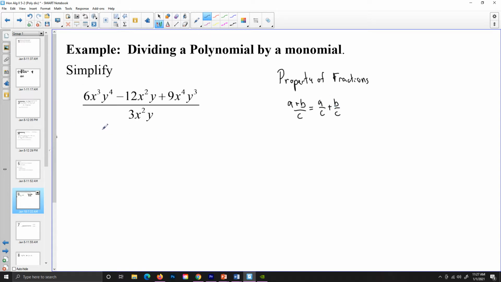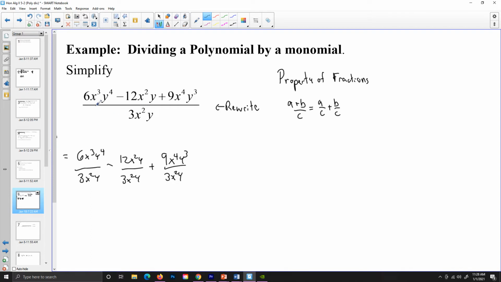Similarly over here, because I have this addition of three terms in the numerator, I have three fractions with the same denominator. So I can rewrite this as 6x to the third y to the fourth over 3x squared y, minus 12x squared y over 3x squared y, plus 9x to the fourth y to the third all over 3x squared y.